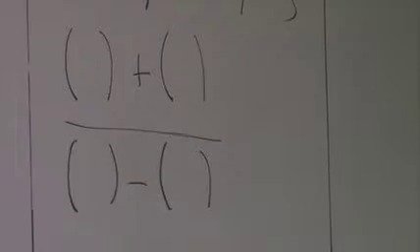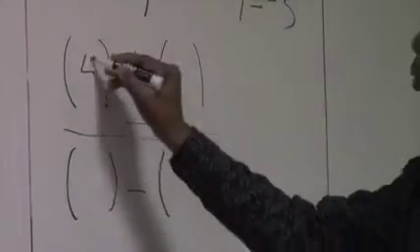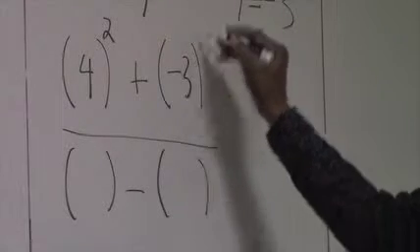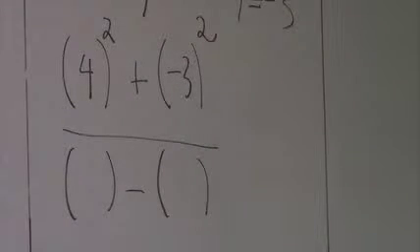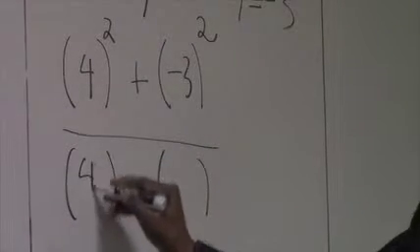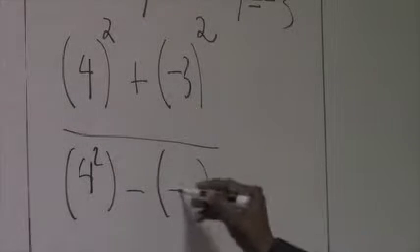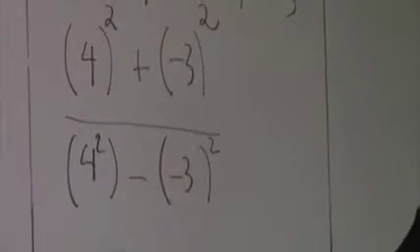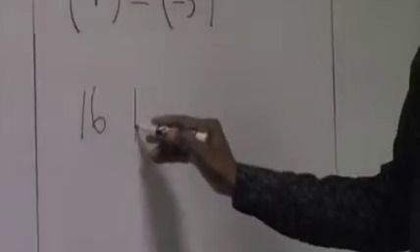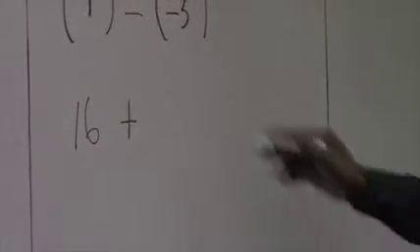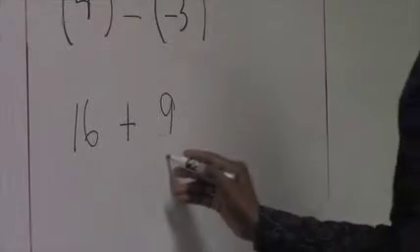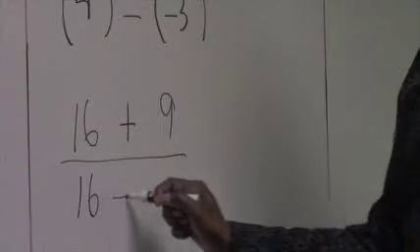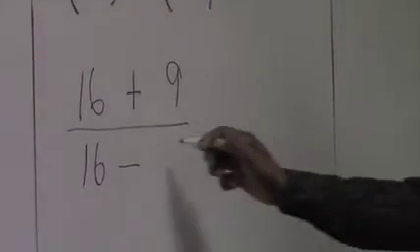So first thing, we must replace x with its value, which is 4. So we have 4 squared plus y is negative 3, so we have negative 3 squared. And then we have x again, 4 squared, minus y, negative 3 squared. So what do we have here? 4 squared is 16, plus negative 3 squared is 9, over 4 squared again is 16, minus negative 3 squared is 9.